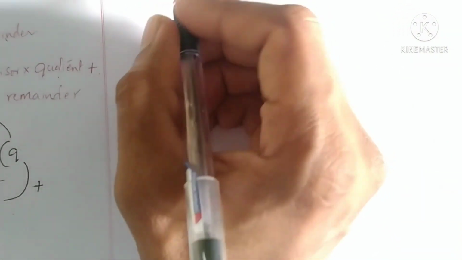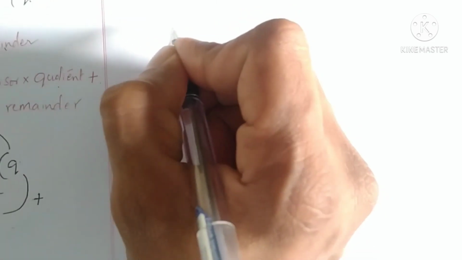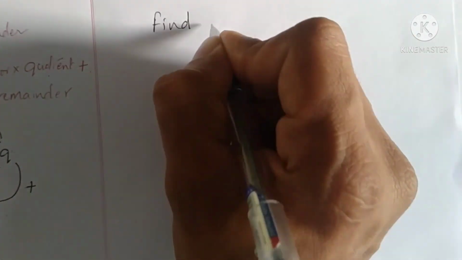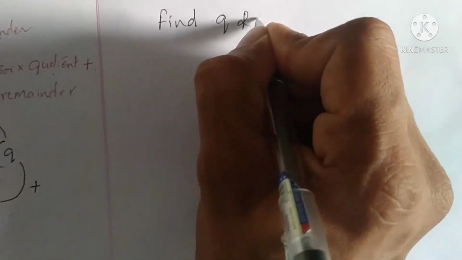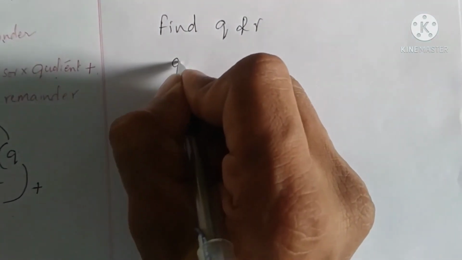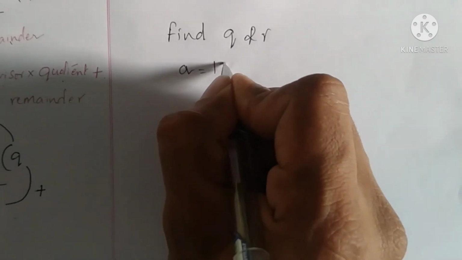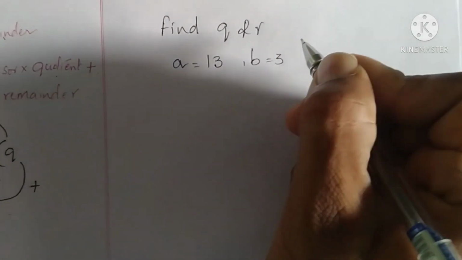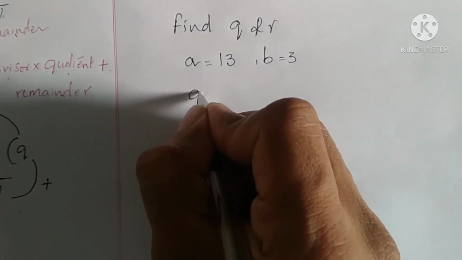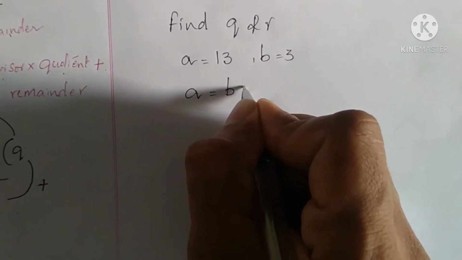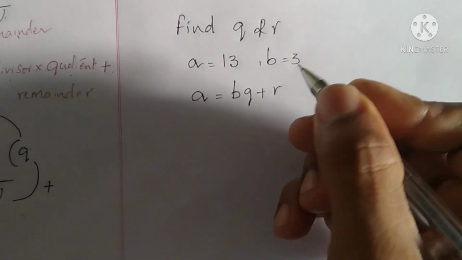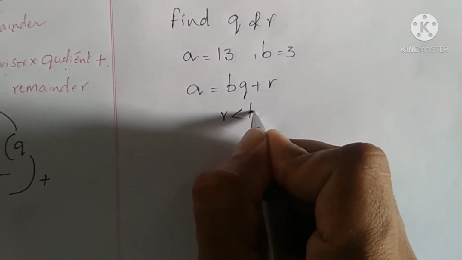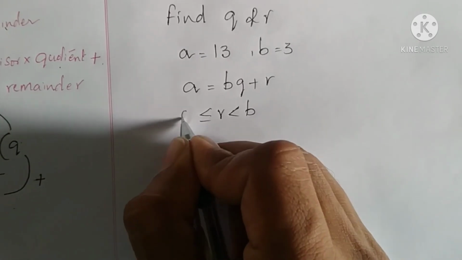This is our first question. Find Q and R if A is equal to 13 and B is equal to 3. We know the formula A is equal to BQ plus R, and the remainder R is always less than B and greater than or equal to 0.